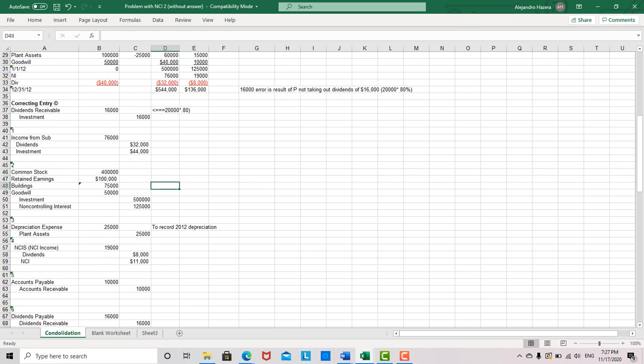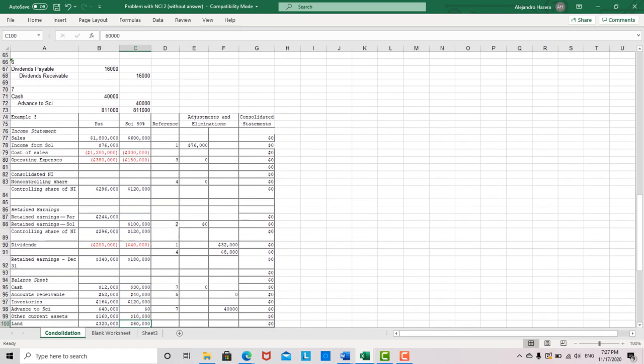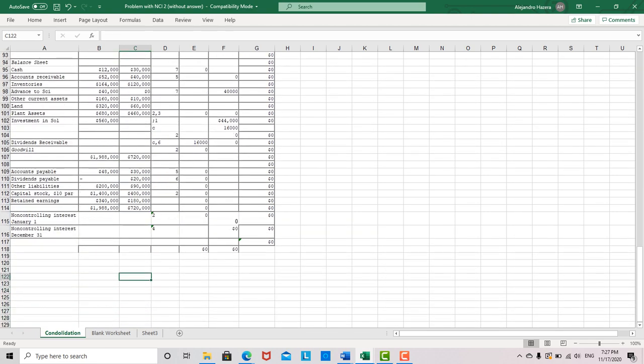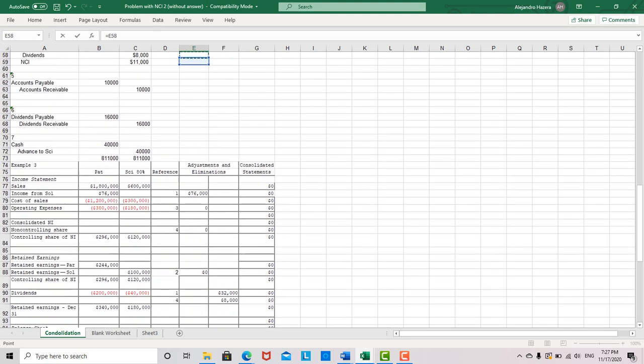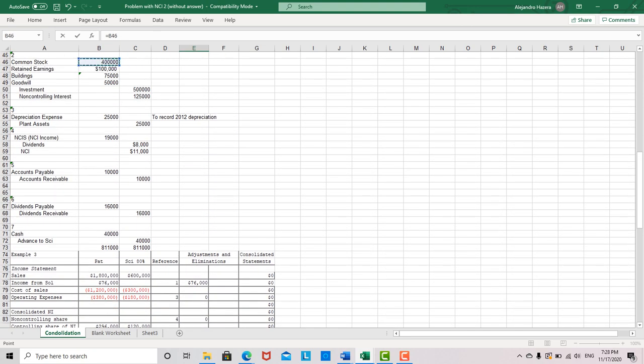Speaking of $500,000, the purpose of the second entry is to eliminate these two equity accounts, write up these two asset accounts, but more than anything is to eliminate that $500,000. The second entry always begins with the elimination, that's entry two there, of the subsidiary's common stock. This one never changes.